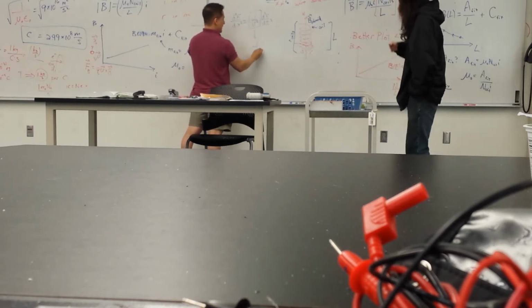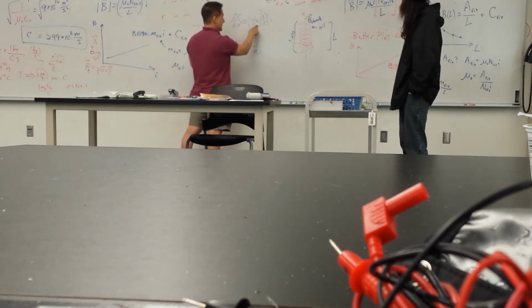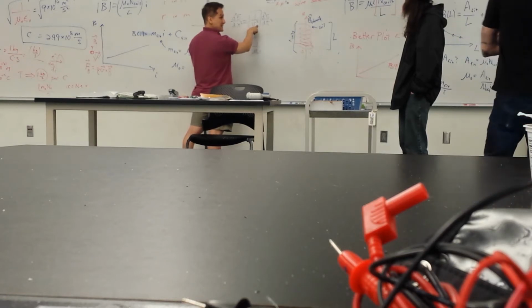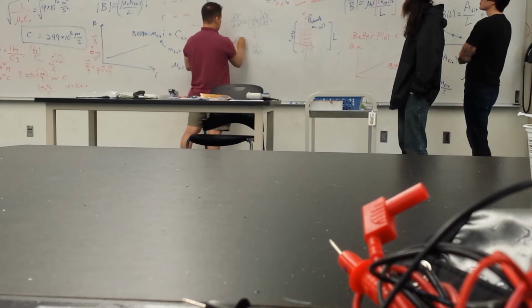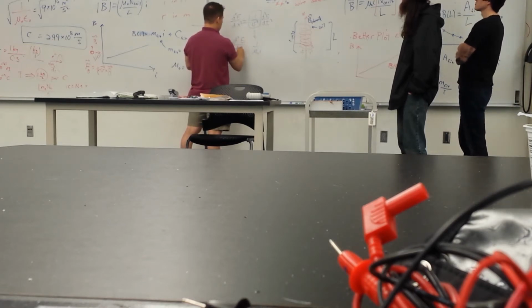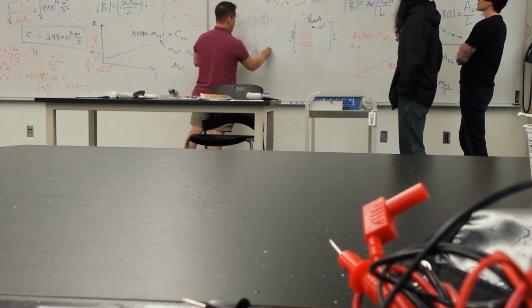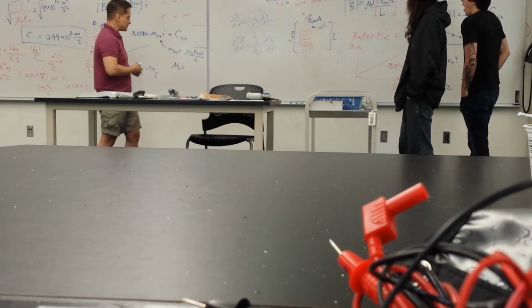Okay, so let's see what direction. So this implies that d is the square root. Apply current. North-south should be like this. Maybe we need a switch. That's our switch.